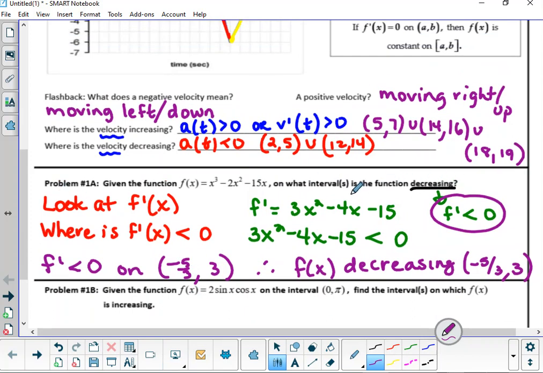Answering an increasing and decreasing question is going to be a constant set of steps. We're going to look at f prime. We're going to do our best to determine where f prime is positive or negative. And one of the ways to help us figure that out is we will start with thinking about where f prime equals 0 and then identifying the sign changes around that.